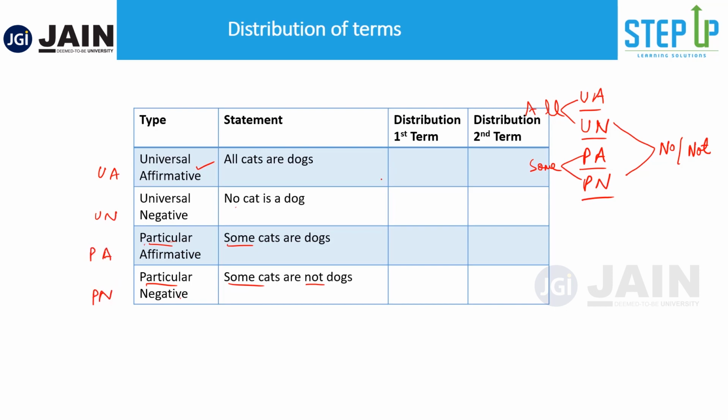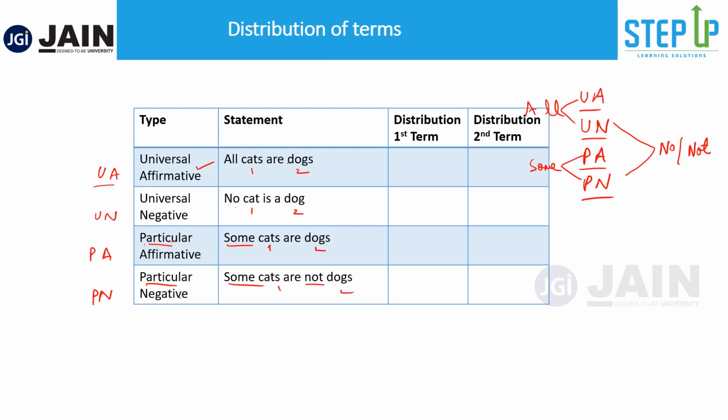Now once you're able to identify the type of statement, I think your first step is really completed, right? Once you've identified it, you should also learn how the distribution happens for these. That means every time you come across a statement of UA format, something you should remember is that every statement has 2 terms: first term, second term, and so on.